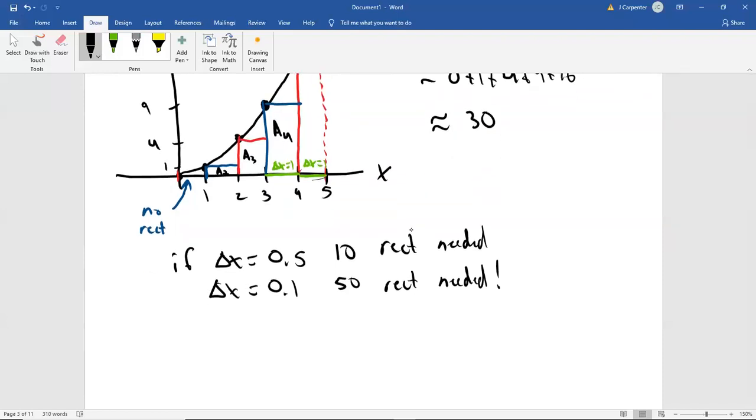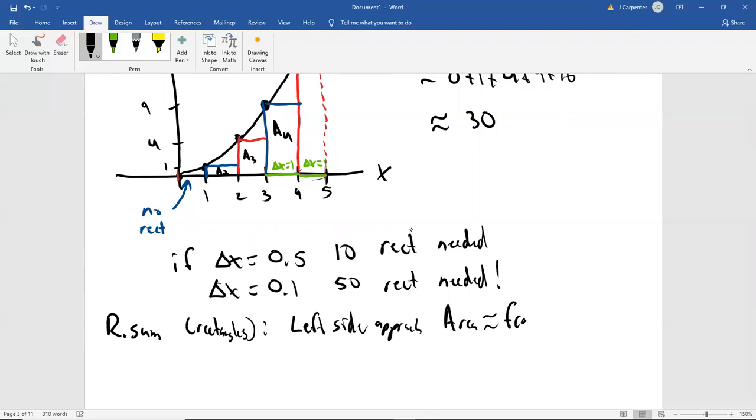So this Riemann sum for rectangles, the left side approach, says the area is approximately f of a times delta x plus f of a plus delta x times delta x.